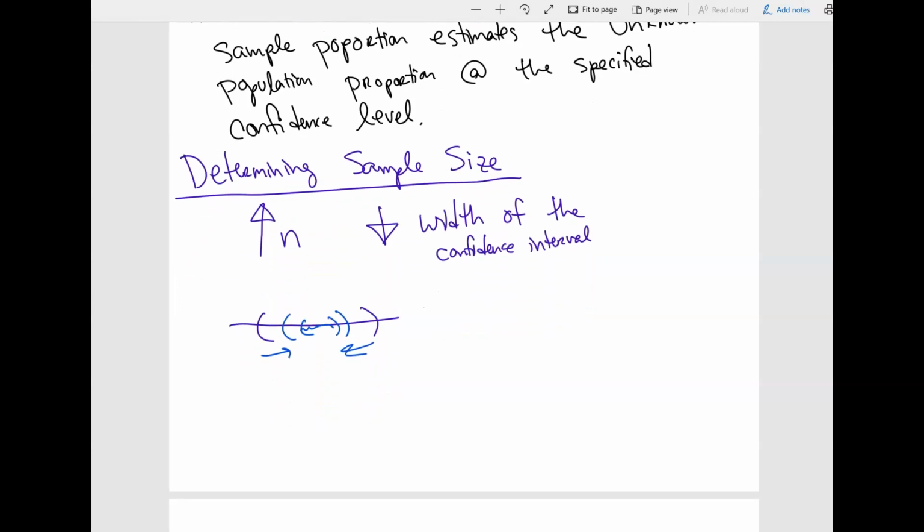Okay, so another way that you can decrease the width of the confidence interval is by changing the confidence level itself.